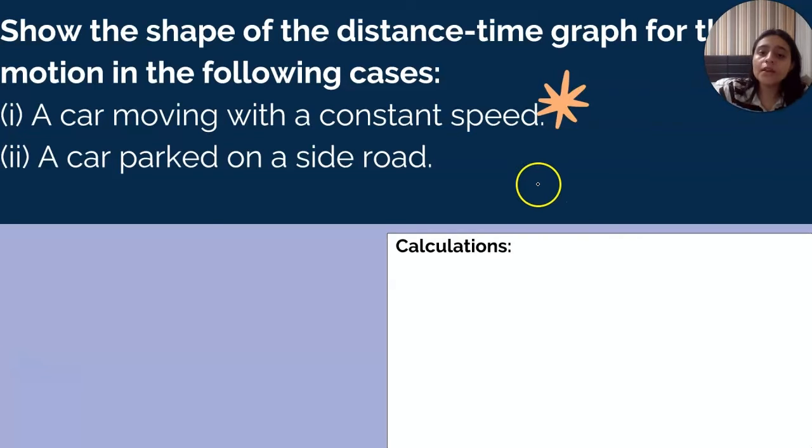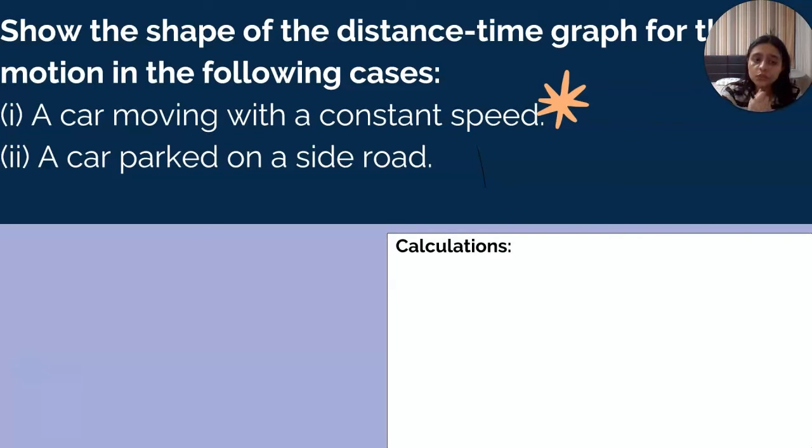All right, where we have studied two types of distance time graph, in which we have studied the constant speed distance time graph, and also when the car or any vehicle is at rest, what the distance time graph will look like, right?